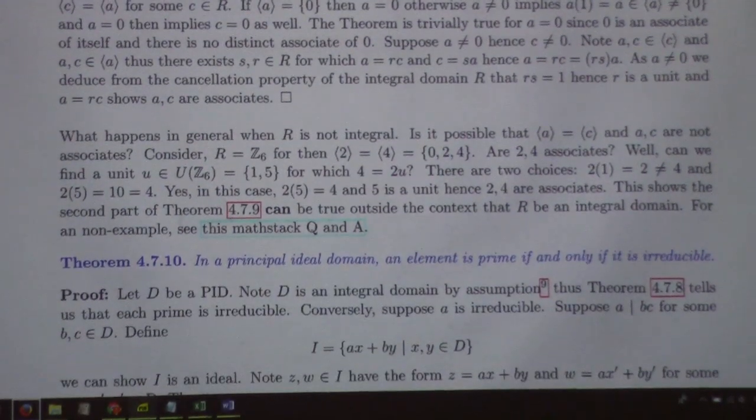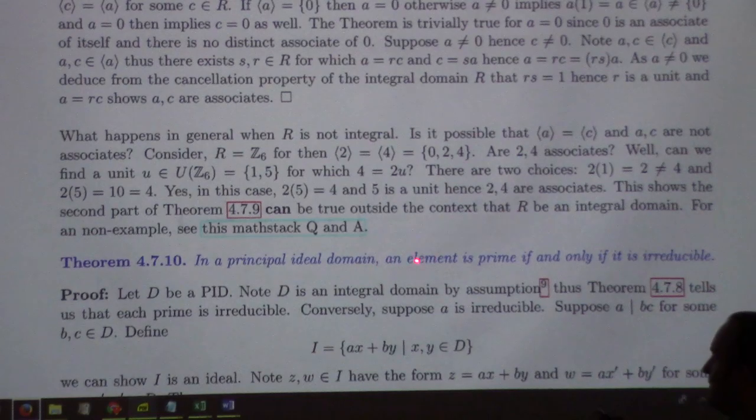And then my punchline for today is, if we're in a PID, a principal ideal domain, then an element is prime if and only if it's irreducible. A principal ideal domain is an integral domain in which every ideal is principal, right?